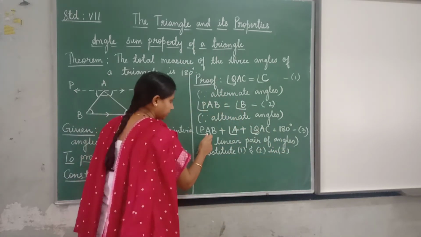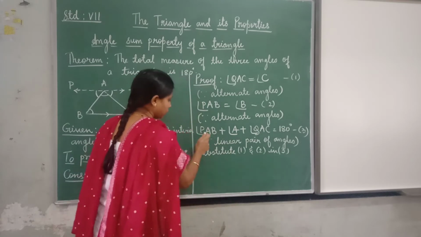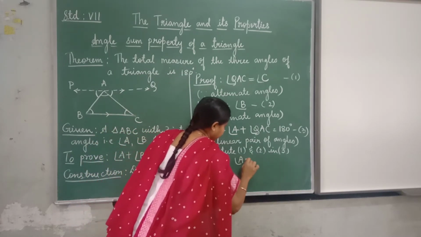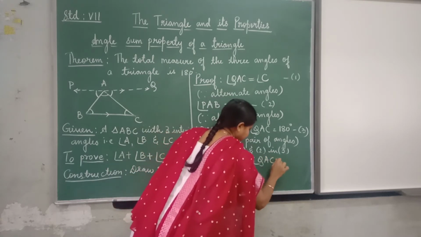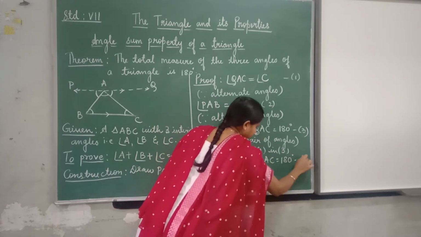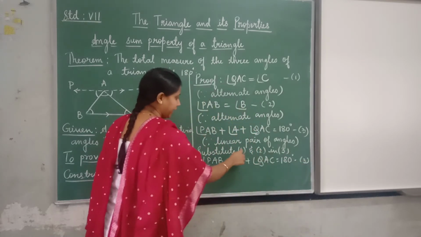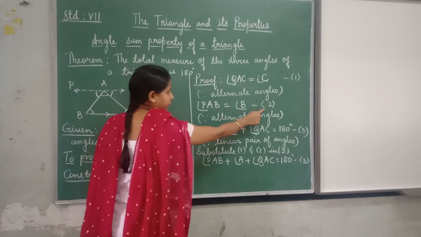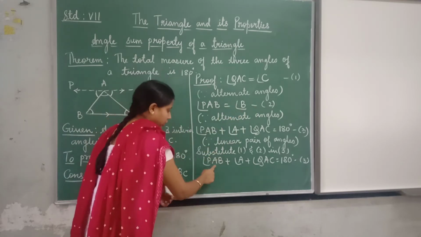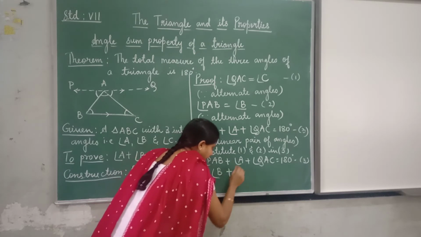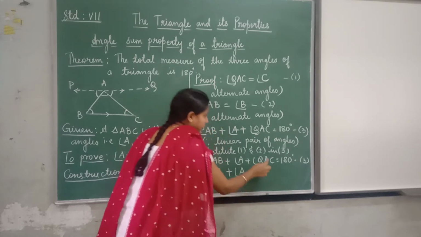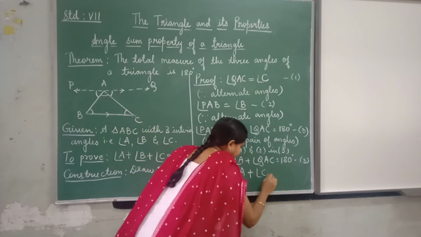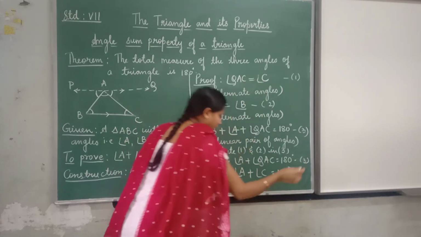This is equation 3. In place of PAB, I will write angle B. Angle A as it is. Plus, in place of QAC, I will write angle C, is equal to 180 degrees.